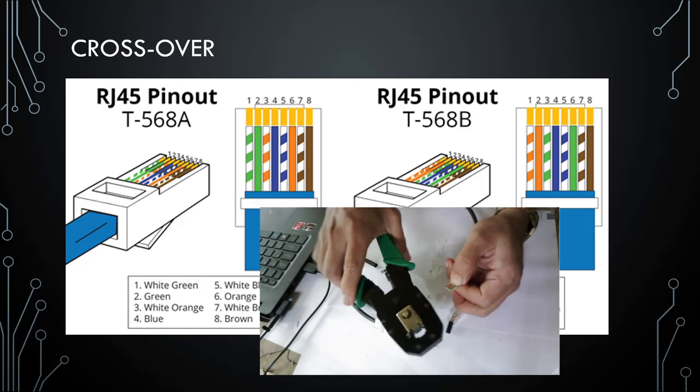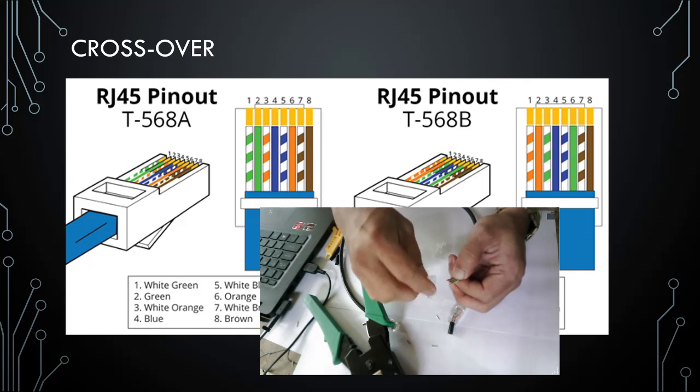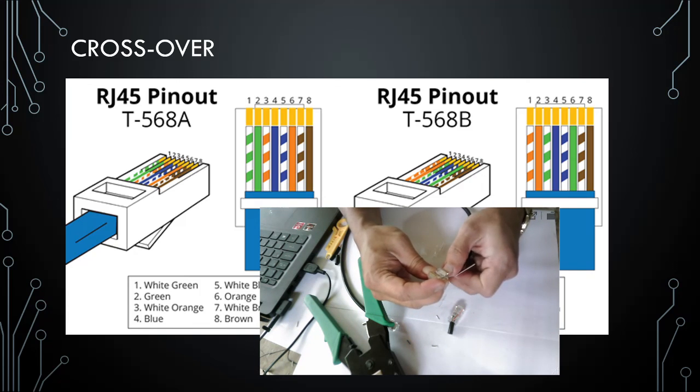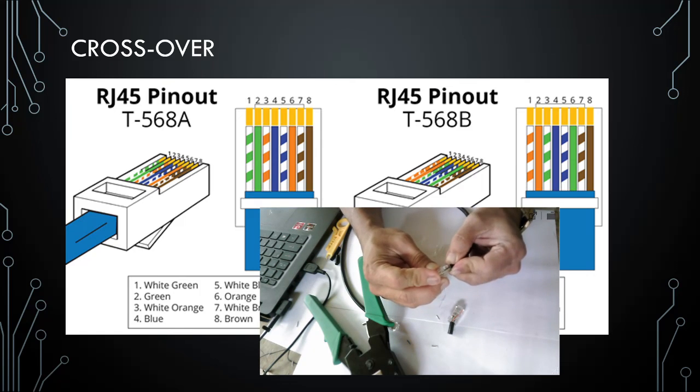Okay, so as you have noticed nga gatupong na siya. Then next is the same lastada sa ato ang RG45. Okay, so before i-crimp, check sa kung sakto ba: white green, green, white orange, blue, white blue, then orange, white brown, and brown.